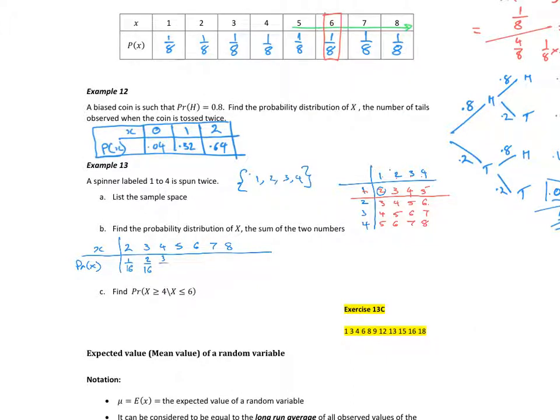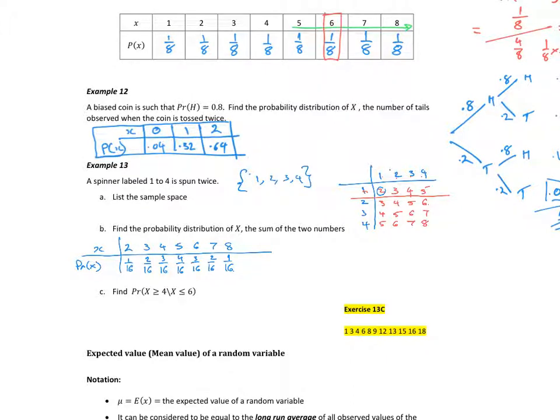There's 3. So there's 3 ways I can get a 4: a 1 then a 3, a 3 then a 1, or a 2 and a 2. So they're my 3 possibilities. Of getting a 5, there's 4 of them. And then we make our way back down. Okay, so if I've done it right, 1 plus 2 plus 3 is 6, plus 4 is 10. It adds up to 16 on 16, which is 1. So there's my probability distribution. They all add up to 1.